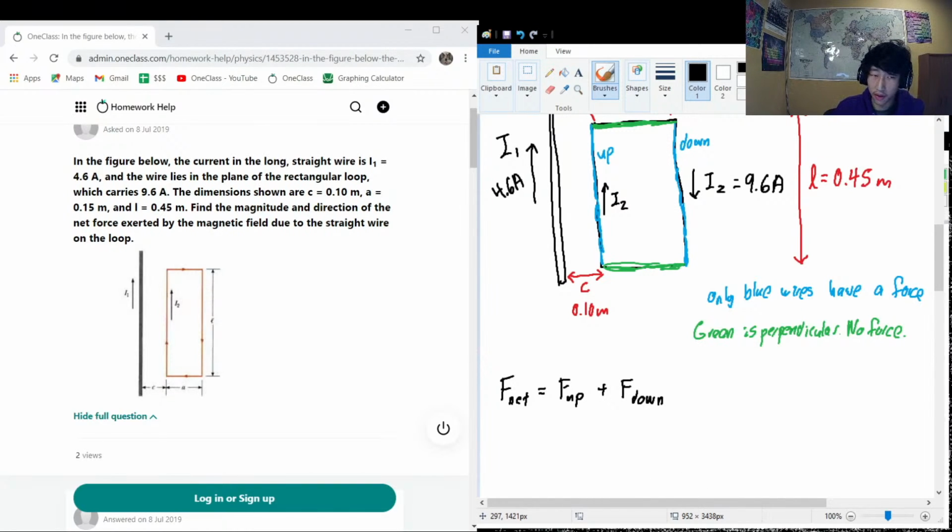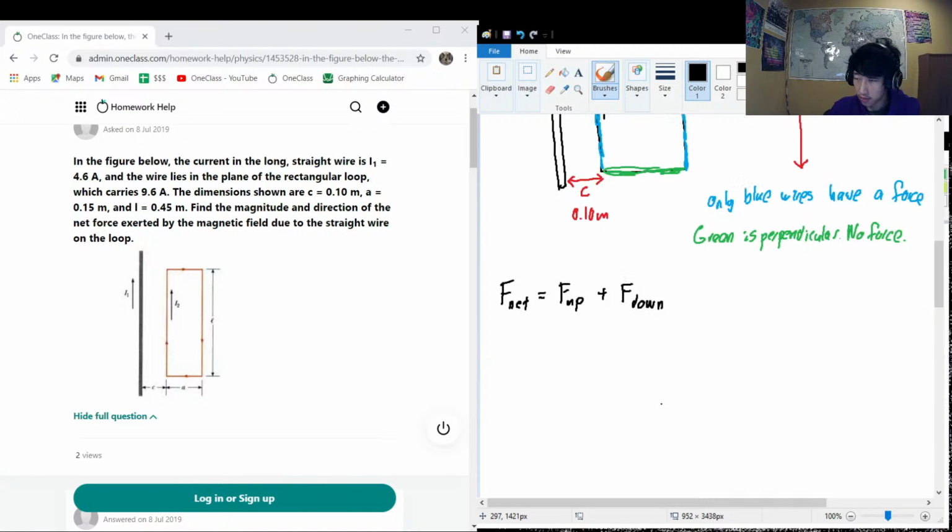It's only the up section and the down section that contribute to the net force. So let's write an expression for F up.